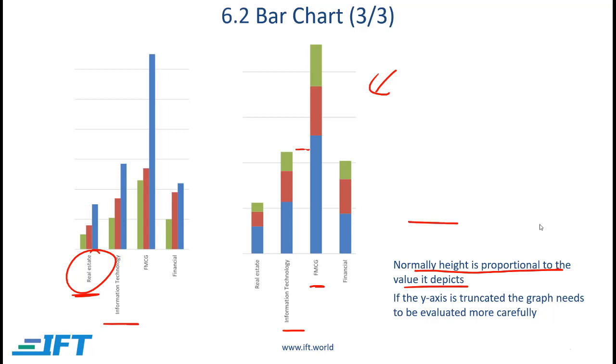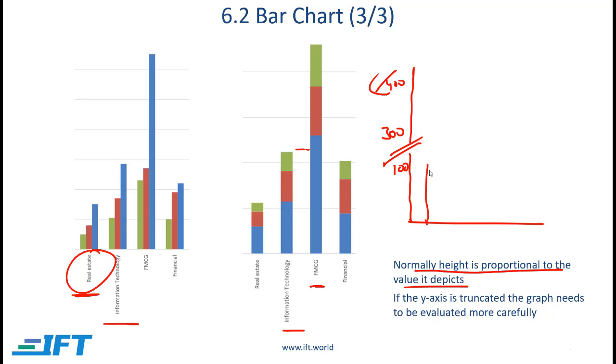But sometimes what we might see is a y-axis that is truncated. When the y-axis is truncated, then we need to be careful, because what happens is that below this cut, we might have a certain number. So we might have 100 over here. And then over here, we might start at, let's say, 300. So we might start at 300 and go to 400.